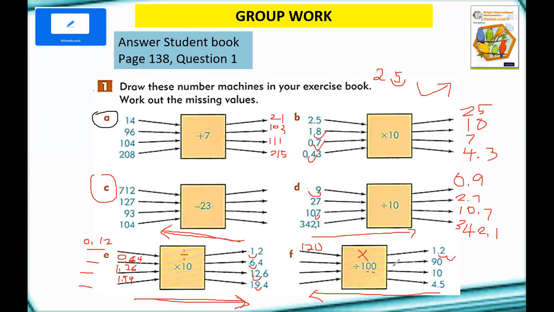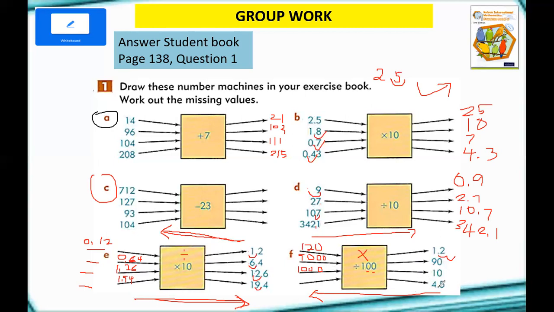Okay, then we will move 2 times. So 90 times 100, of course, it is 9,000. Yes, okay. Then 10 times 100, it will be 1,000. Then the next is 4.5 times 100.